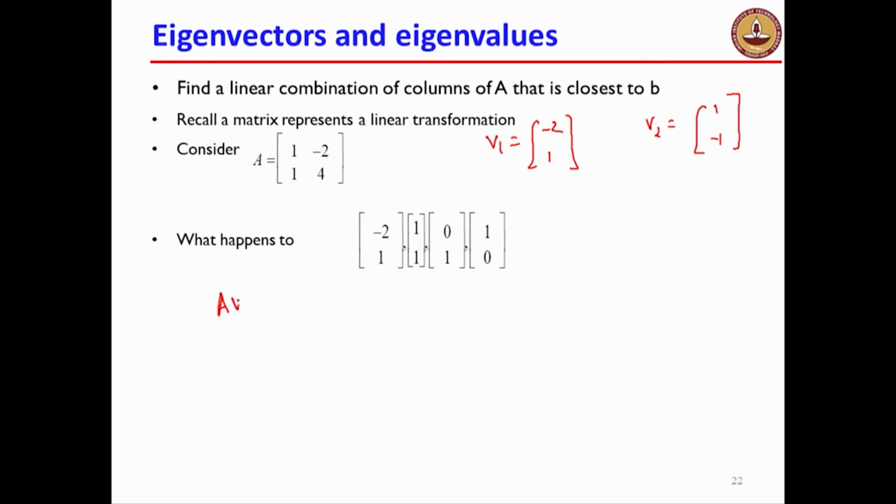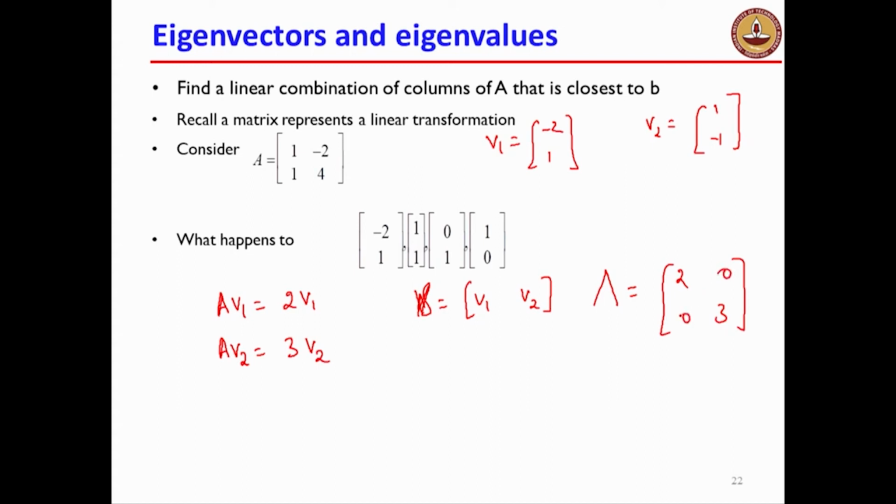So I am going to write A V1 equal to 2 times V1, we know that, right. Likewise, A V2 equal to 3 times V2. So I am going to write a matrix S consisting of the eigenvectors V1, V2, and a matrix capital lambda which has 2 and 3 on the diagonal. It is a diagonal matrix.